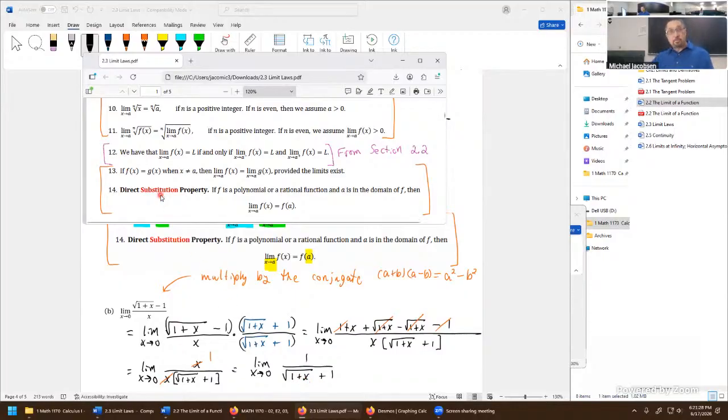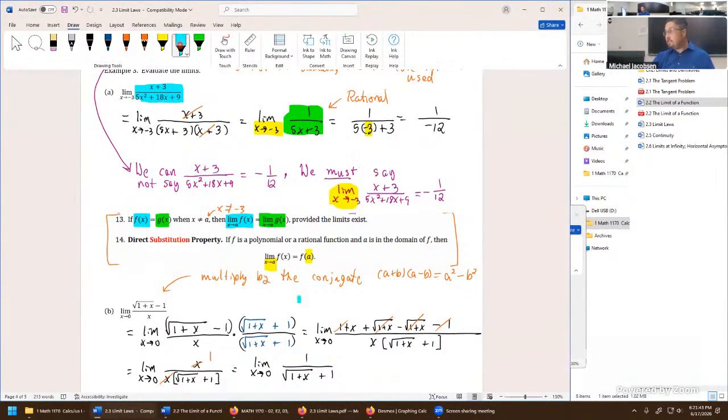It's not this direct substitution property, but we're, in fact, using direct substitution. And that's why we have a whole new section to expand on this called continuity. This function is continuous at x equals 0, is what we'll say later on. And so we're allowed to just plug in 0 right there and get the value of the limit.